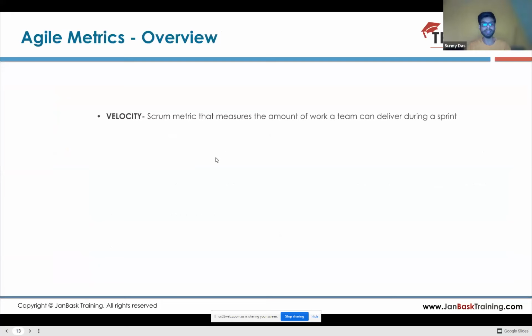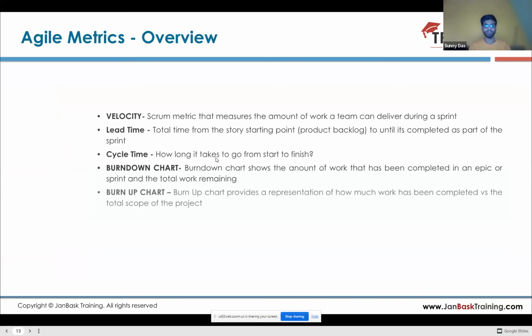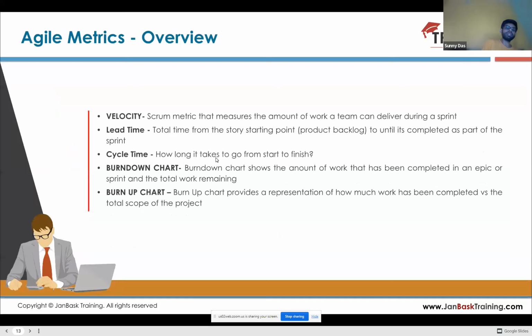And finally, the agile metrics. Some of this we already covered during our last session. So velocity. We mentioned that this is a metric which will tell you how much work a team can take during a particular sprint.